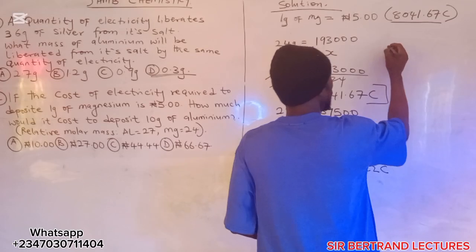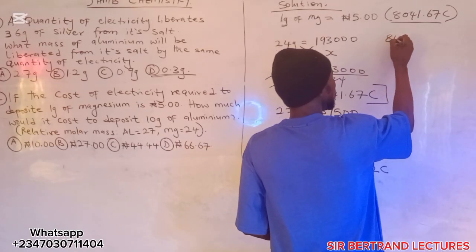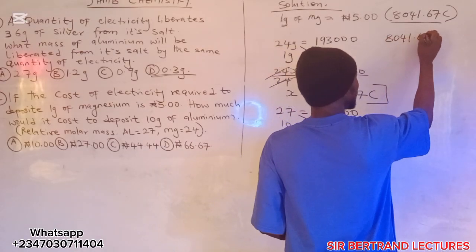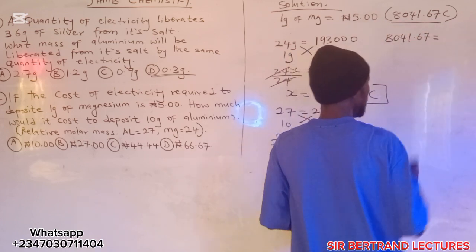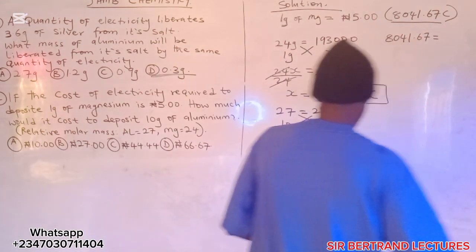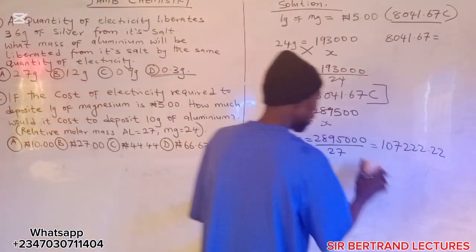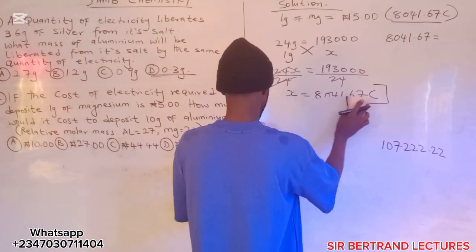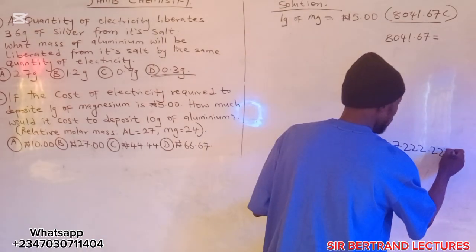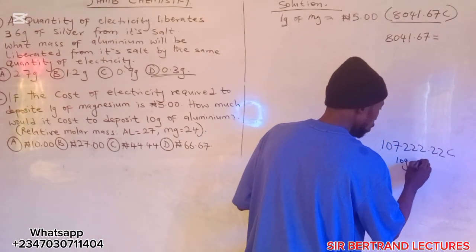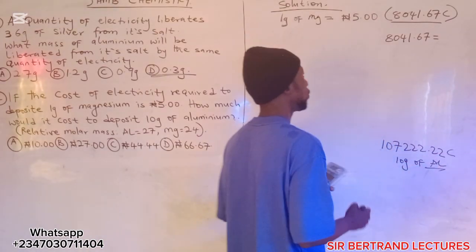So here we have 8041.67 against 5 naira. I have to wipe this off. This is what we have for 10 gram of aluminium.